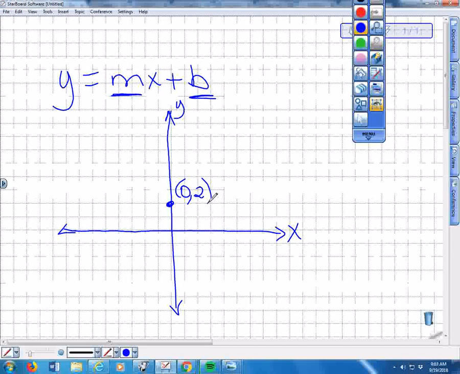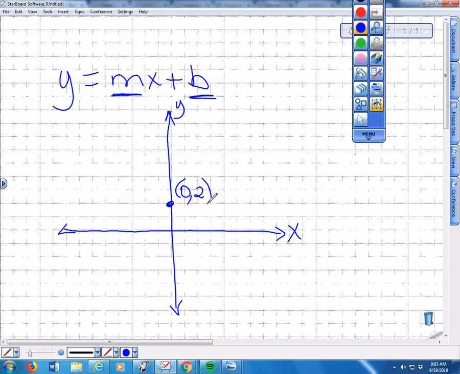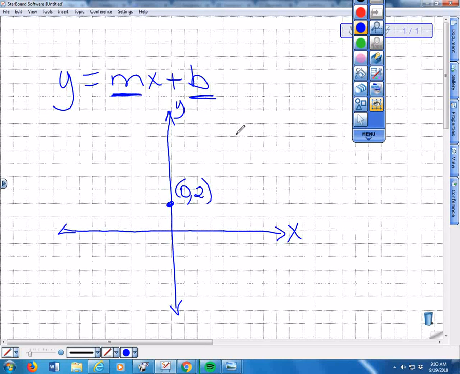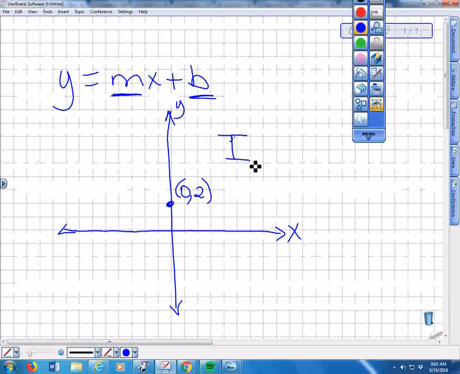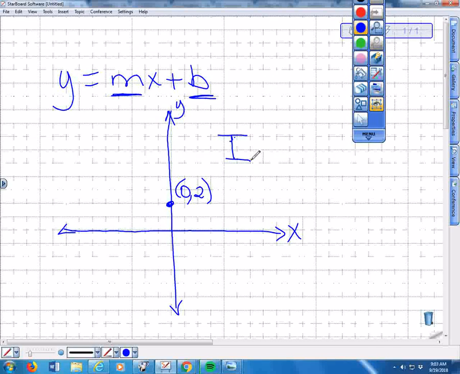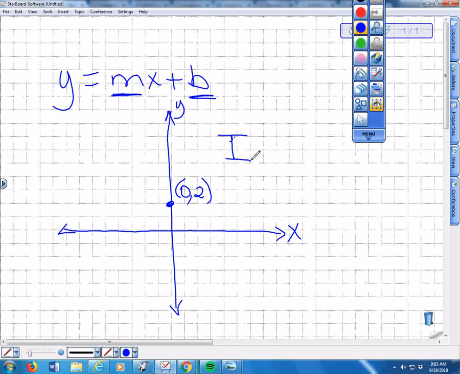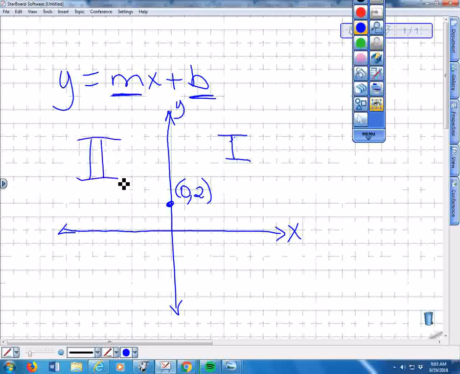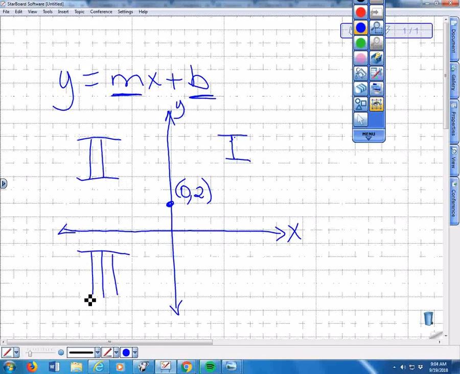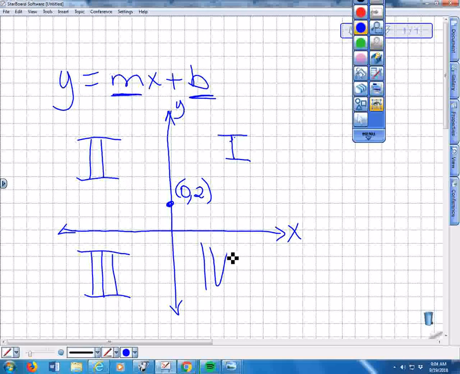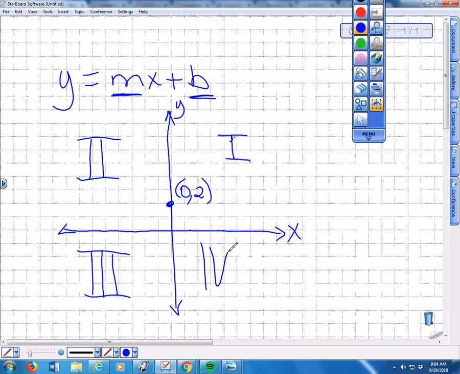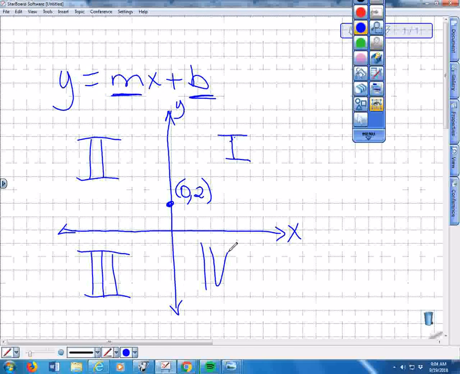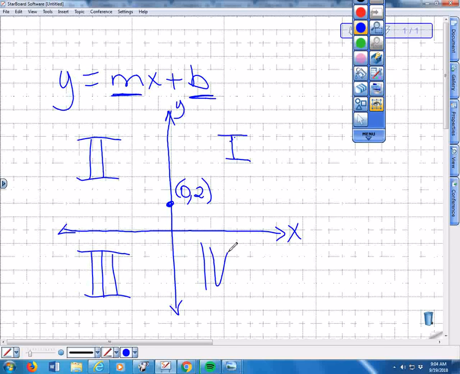Okay? The other thing they talk about in this section is quadrants. This is quadrant 1. This is quadrant 2. This is quadrant 3. This is quadrant 4. It's always where x and y are both positive is the first quadrant.